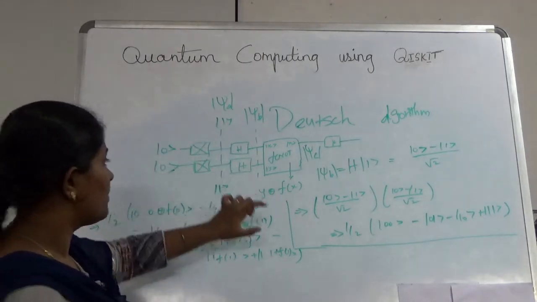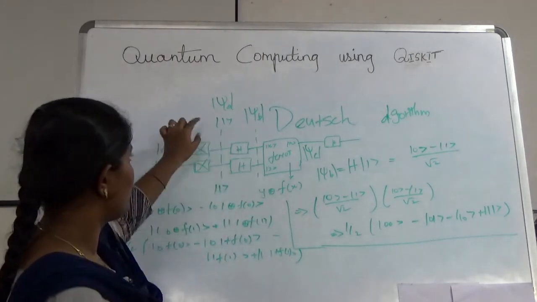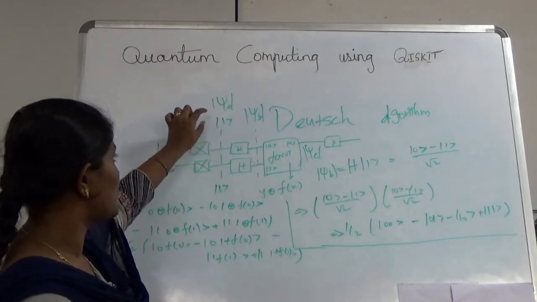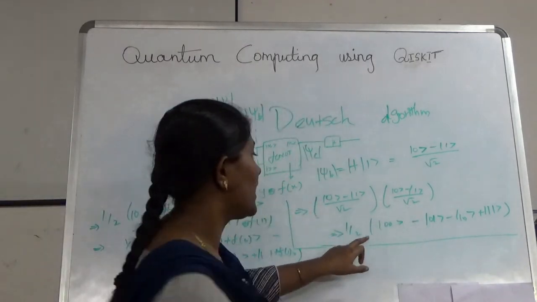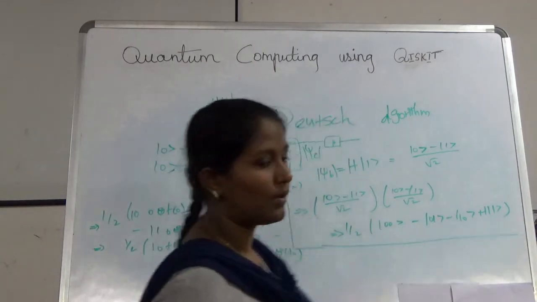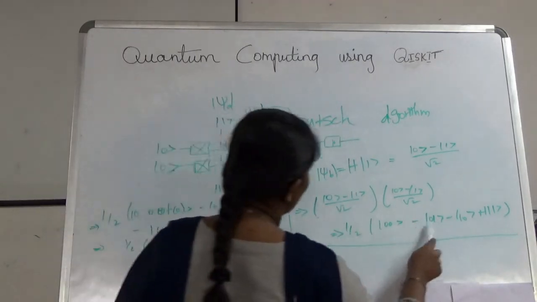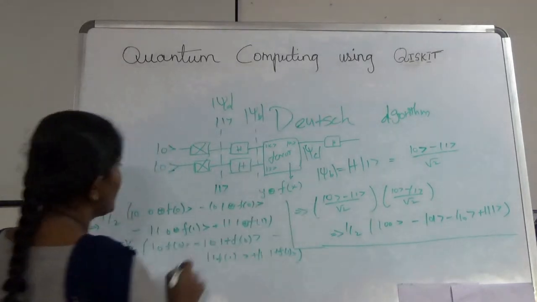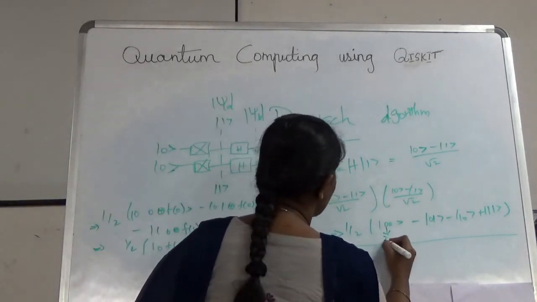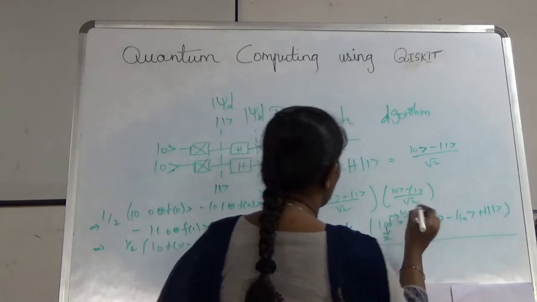First of all, the Hadamard gate is applied to both the states, and when we combine those 2 states, we get all the possible four states: 0 0, 0 1, 1 0 and 1 1. Here, this 0 is x and this 0 is y.